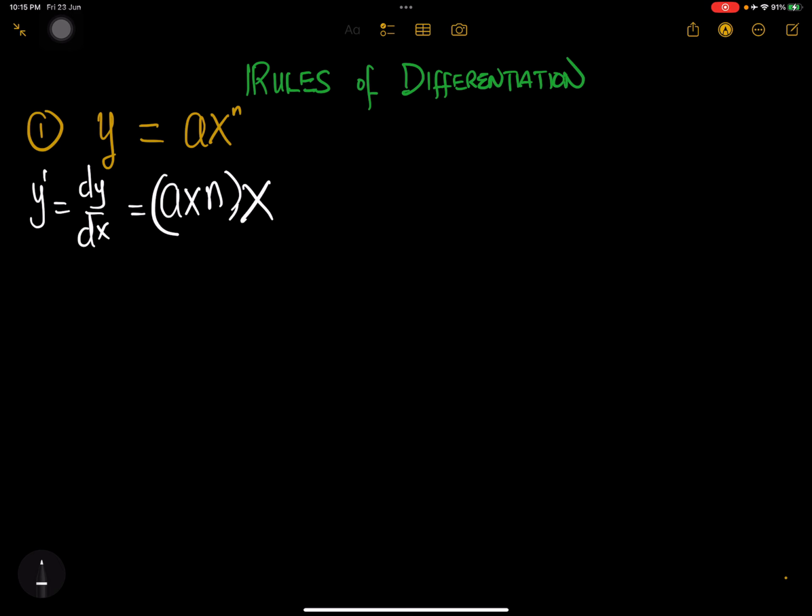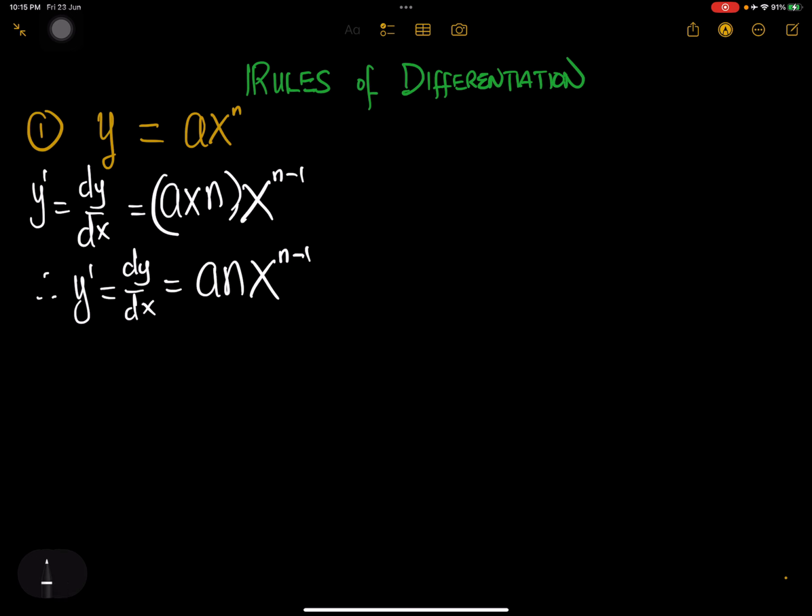So it's a times n multiplied by x to the power of n minus 1. So therefore, our y prime, which is dy dx, is eventually a n multiplying x to the power n minus 1. That was the first rule.